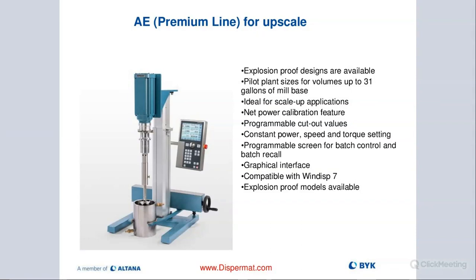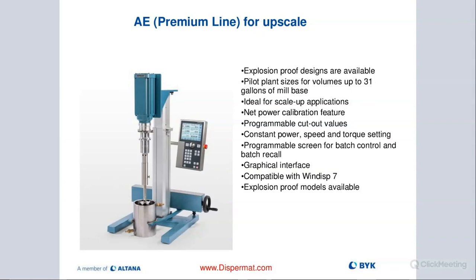But I can also run this machine with what's called constant power. So I can run it, let's say, with 1000 watts of energy. And then as my viscosity changes, my speed would vary. As my viscosity is increasing, my speed would decrease because I'm maintaining the 1000 watts of energy.